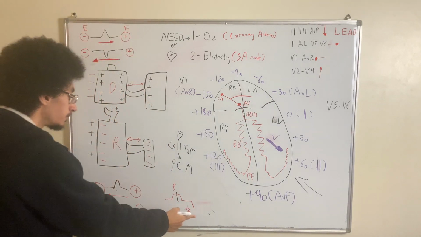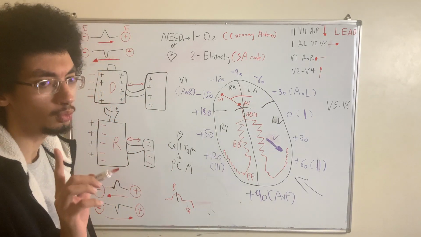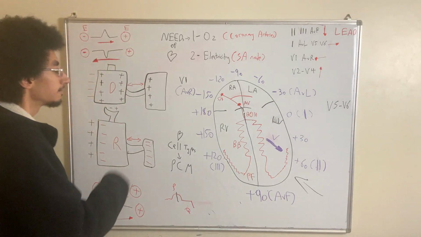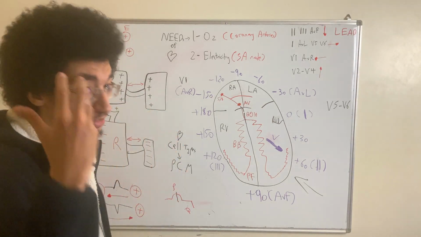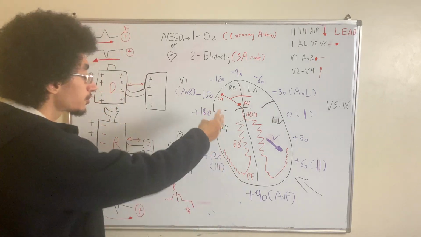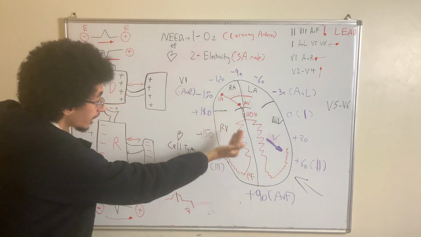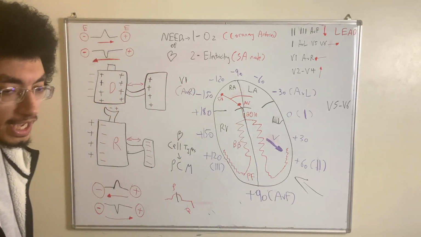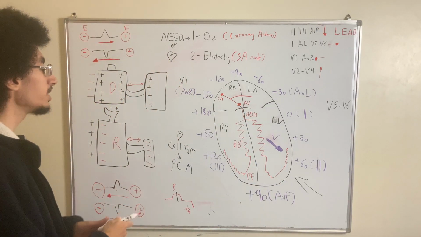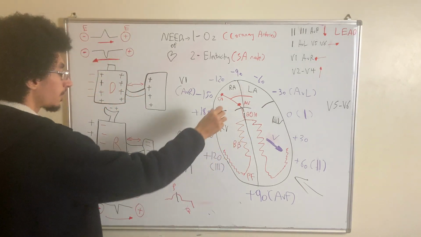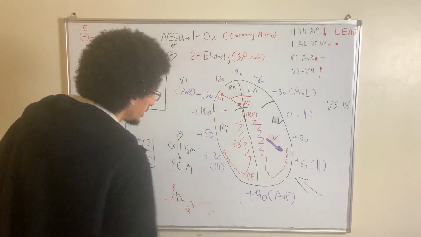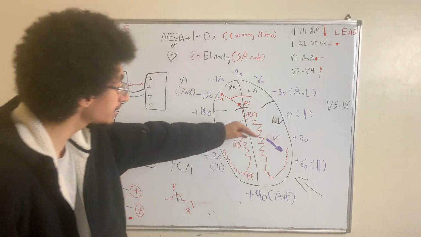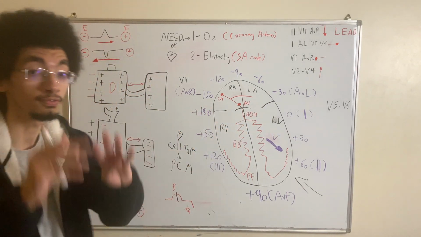It will produce for us a negative deflection known as a Q wave. So now the bundle of His will then send the action potential towards two branches, the right bundle branch as well as the left bundle branch. When it sends this action potential towards the right bundle branch and the left bundle branch, it will depolarize the right and the left ventricle, finally.